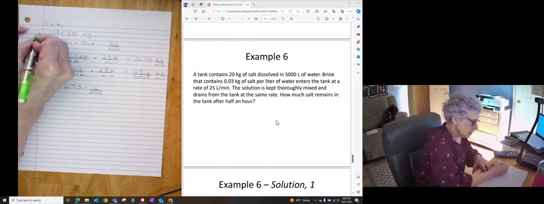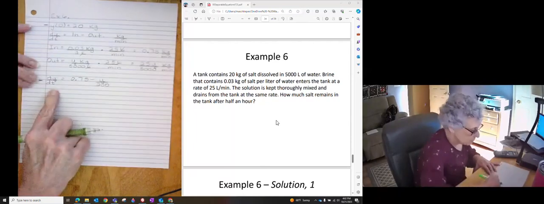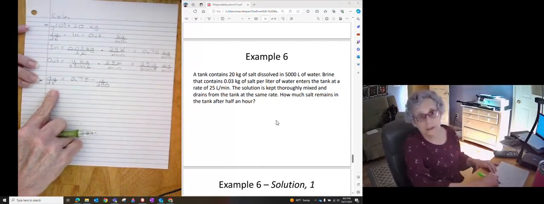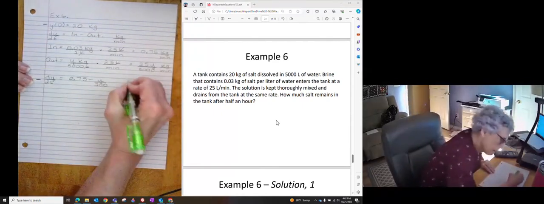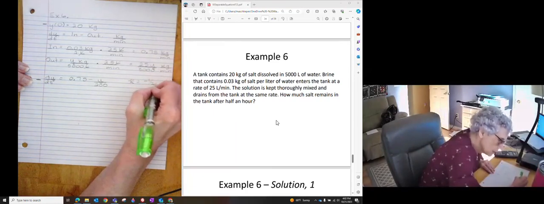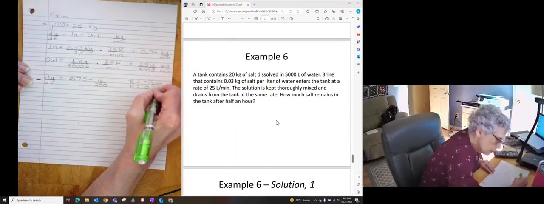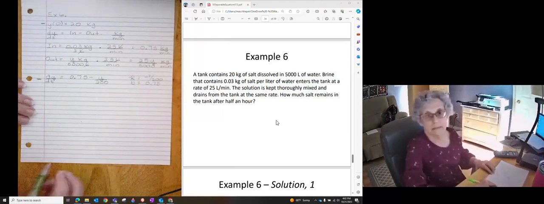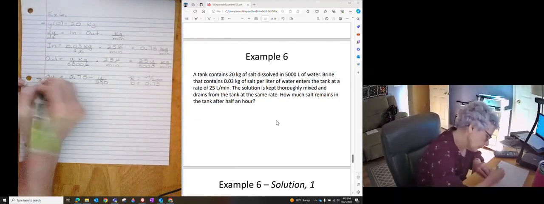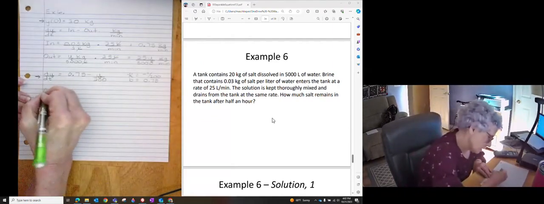There's my differential equation. Here's my initial condition. But this is a nice, friendly, linear differential equation. K is equal to negative 1 over 200, and B is equal to 0.75. Make sure that doesn't look like a minus sign.